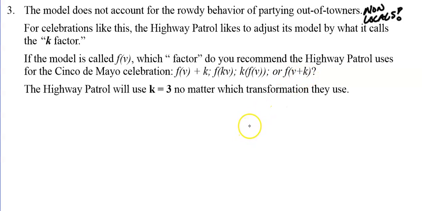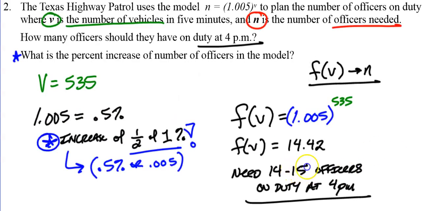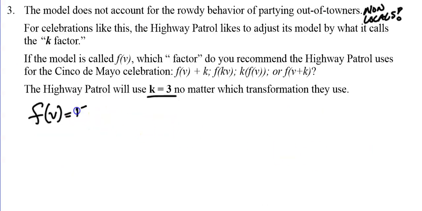So let's see if we can look at that. If we know that K equals 3, and we know that regular f of v is, let's call it 15, just so we have a number. So here we are just adding K to f of v.